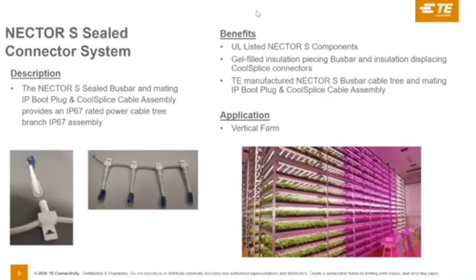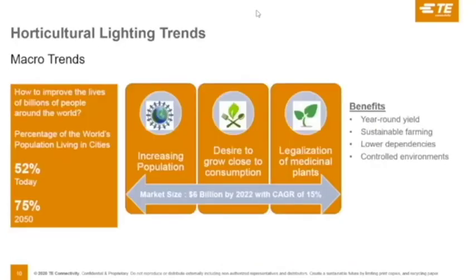These type of products worked very well in this application, and as a result, it's been designed into a number of other vertical farms applications. But when you talk about horticulture lighting, you can see why there was a need to go beyond even just the Nector S product portfolio to address the marketplace.